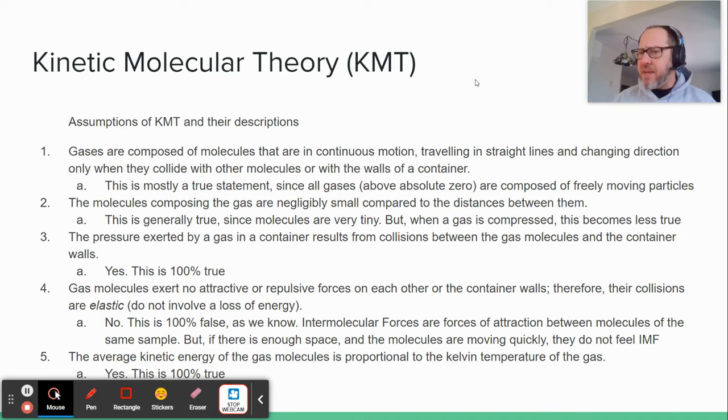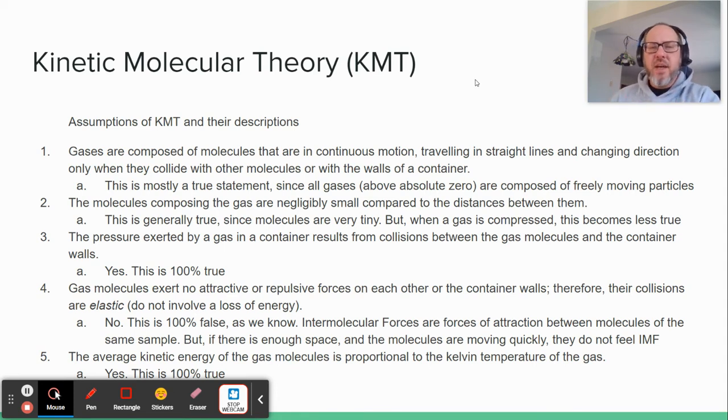So we can make this assumption about kinetic molecular theory, even though it's not true at all. Under normal conditions, standard temperature and standard pressure, the gas particles are mostly far enough apart and have enough kinetic energy that they don't react too much to their attractive forces for each other.